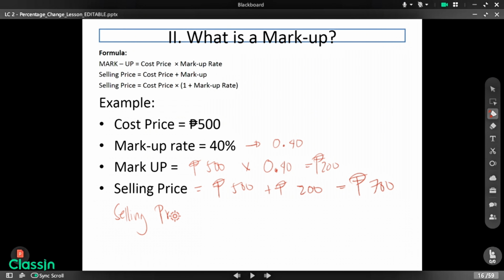Or let's use the other formula. Selling price equals cost price times 1 plus markup rate.